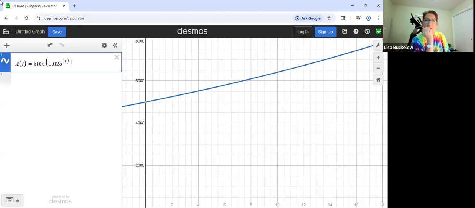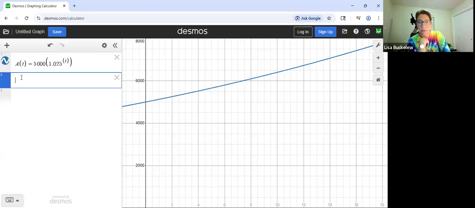This is just on some previous window that I had, but I'm going to be asking where it's going to be 6,100, so I can tell it's going to be on this little chunk of the graph. Go over here and just make it look right, with parentheses like that. Anyway, that's the graph of the value of the CD as it grows over 10 or 15 years. It's asking when it's going to be 6,100.